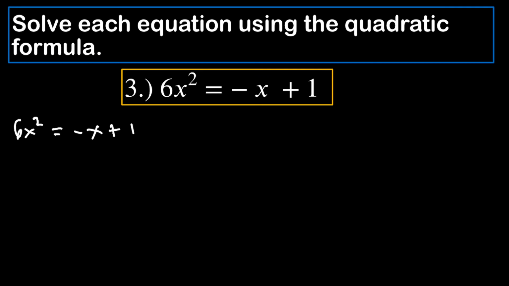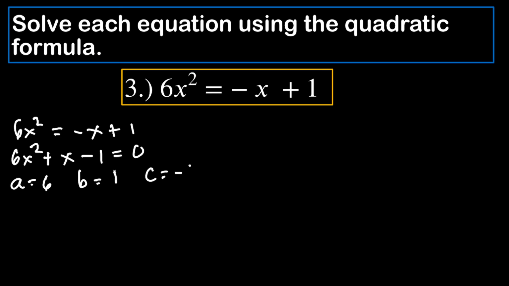Transposing negative x plus 1 to the right side, that will give us 6x squared plus x minus 1 equals 0. What's the value of a here? a is 6, b is 1, and c is negative 1.